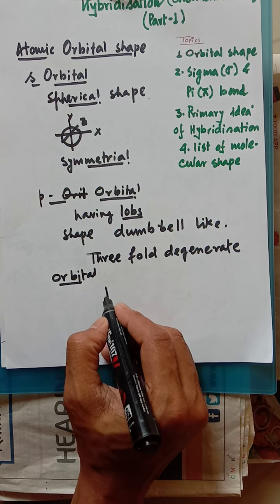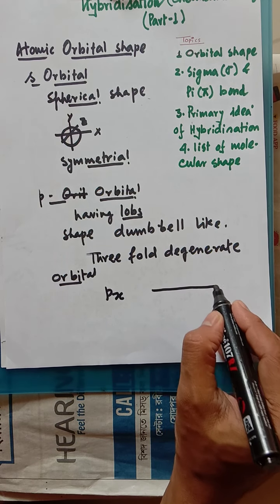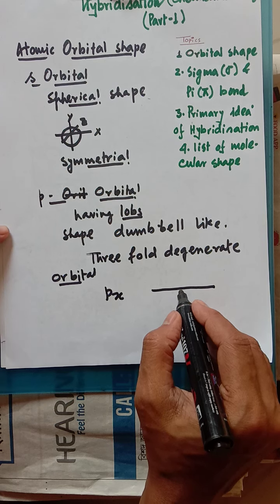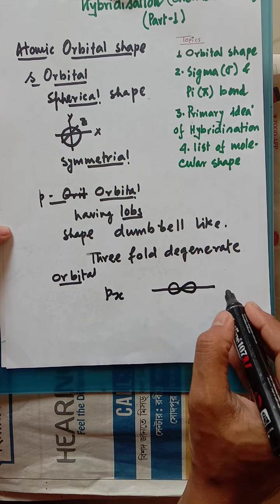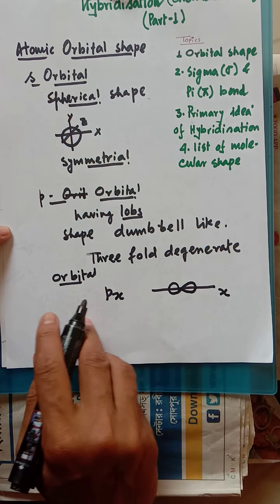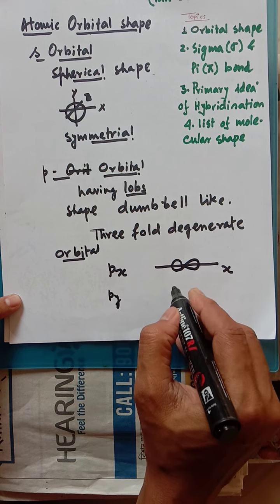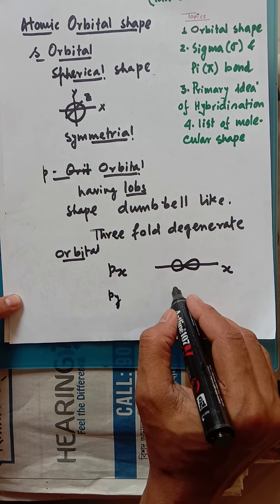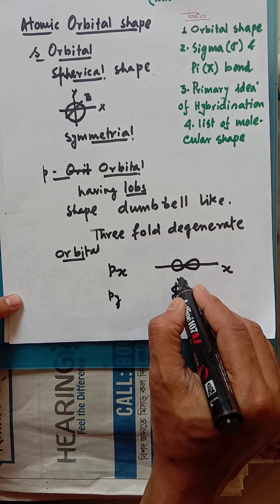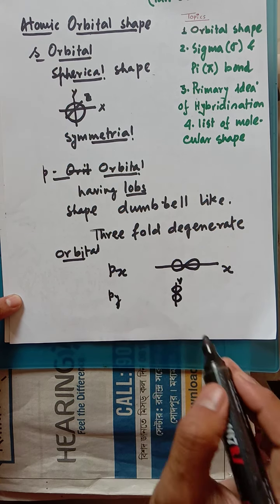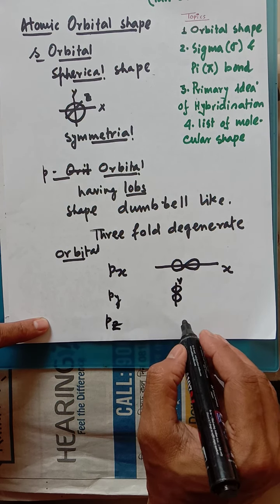Those are px. What is px? If we consider three axes, along the x axis it is px. If it is py, that means the lobes will be along the y axis. And if it is along the z axis, it becomes pz.